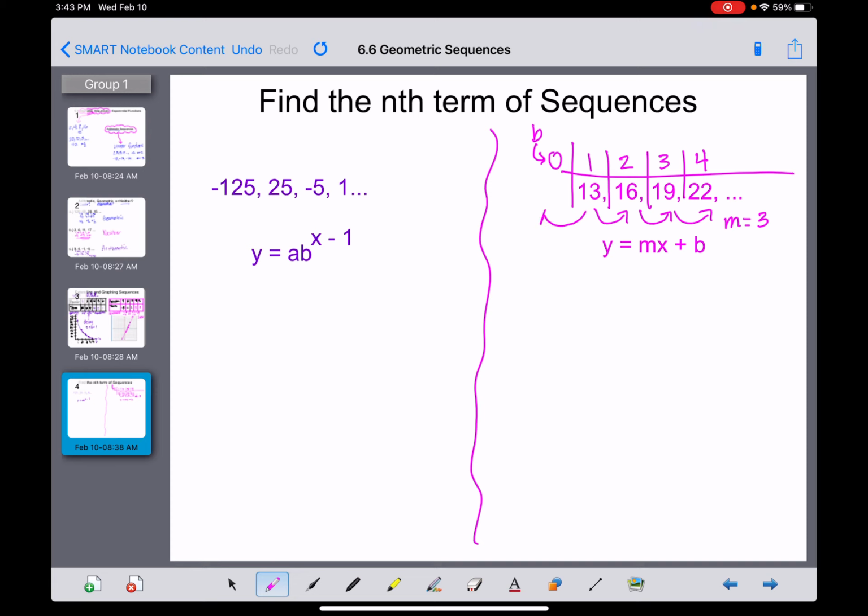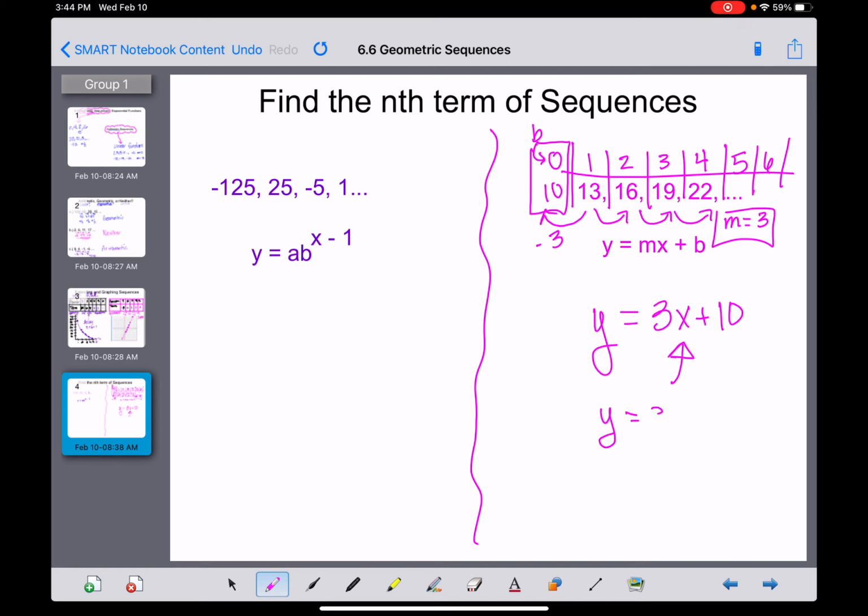So if I go backwards in my sequence, if I subtract 3, I'll end up with 10. So my y-intercept is 10, my slope is 3. So our final arithmetic sequence was y equals 3x plus 10, where we can plug in any value into x to find any position. Like if I wanted to find the 10th term, instead of continuing, I can just plug 10 in for x. And the 10th term is 40.